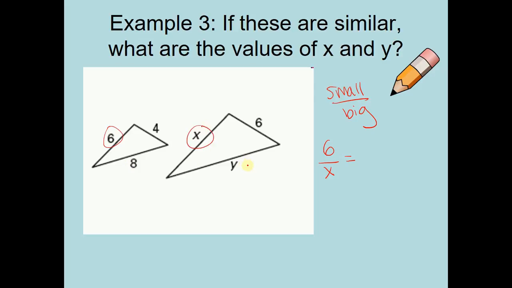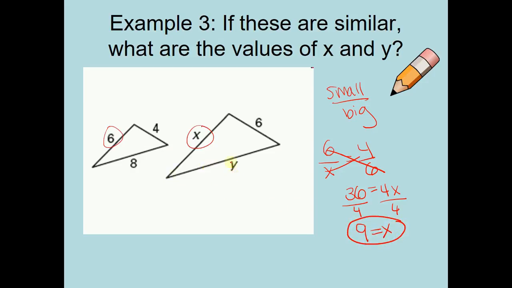Because then my x and my y are going to stay in the equation. I'm not going to be able to solve. So let's go 4 over 6. Like that. So multiply my 6's, I get 36. X times 4, that's 4x. Let's divide by 4. So I know that 9 equals x, so x equals 9. Got the value of x.